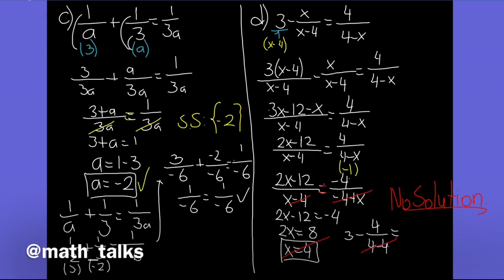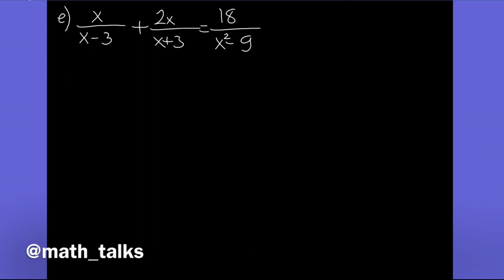Okay, let's see the next question. In the next question, we also have x minus 3 and x plus 3. So firstly, you have to multiply the first rational expression by x plus 3, and the second one by x minus 3. So we will solve the left side first.